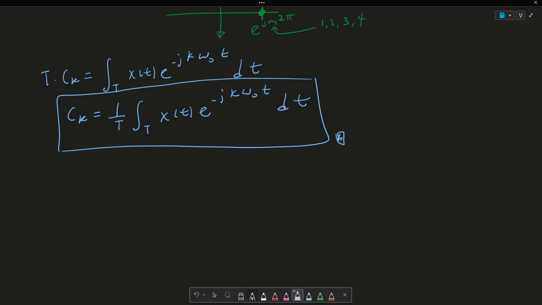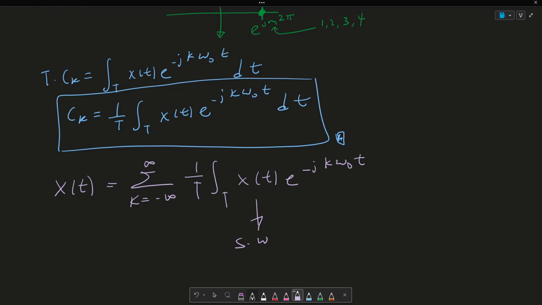And again, what I can do is I could take it full circle and say that I can reconstruct any periodic signal by saying that the reconstruction, x of t, is simply equal to a summation as k goes from negative infinity to infinity of this ck, which is basically 1 over the fundamental period integrated around the fundamental period from 0 to T of x of t, which again in our case is that square wave, right, times e to the minus jk omega naught t dt, times e to the jk omega naught t.